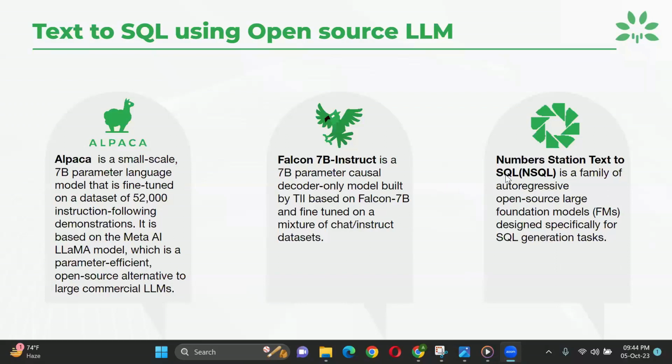Falcon 7B and NSQL, number station text-to-SQL. This comes in different parameter flavors, and you have a minimum one also, which gives reasonable results for SQL. So if you want to try for a smaller scale and you want to do it on-prem, you can go for these models, and NSQL allows you to go for a commercial implementation.